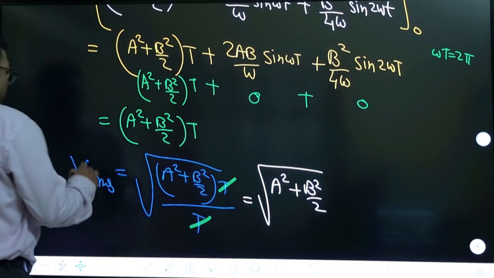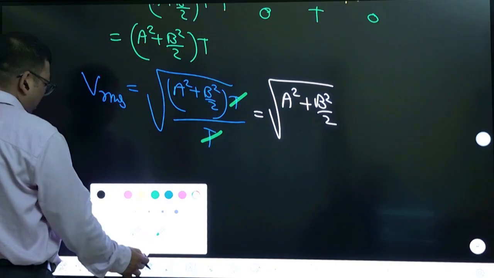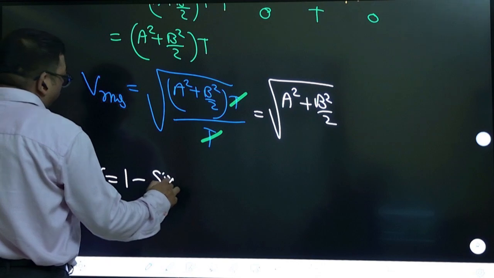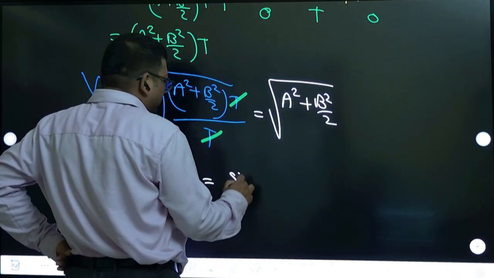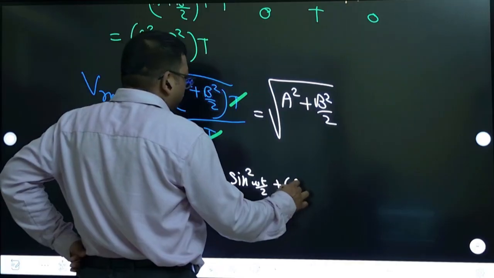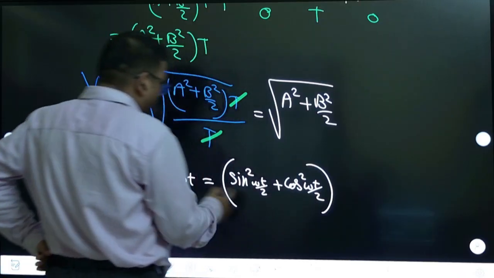Peak value. Yes, yes. That is another way of writing it. Suppose V is equal to 1 minus sine omega t. You can write 1 as sine square omega t by 2 plus cos square omega t by 2, because sine square plus cos square is 1.